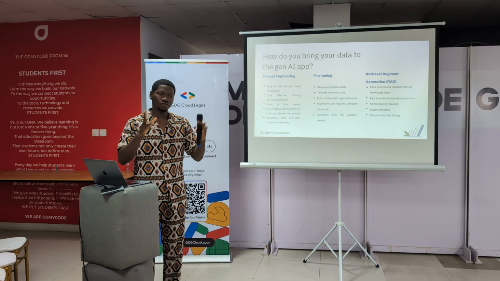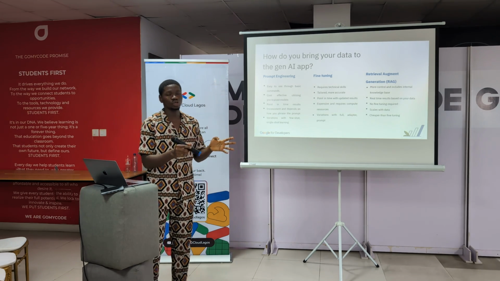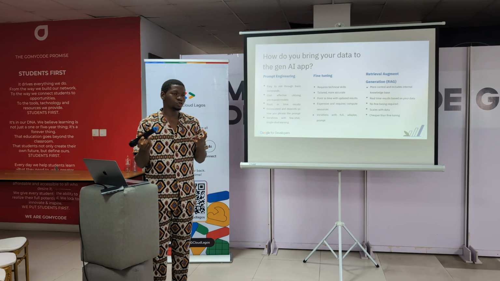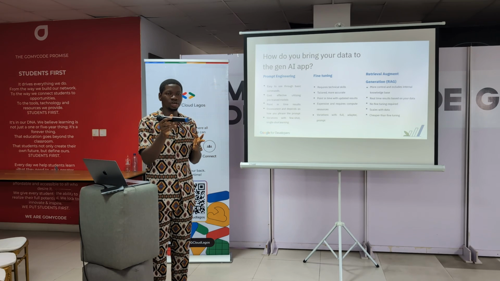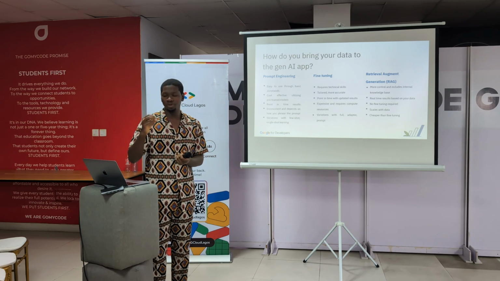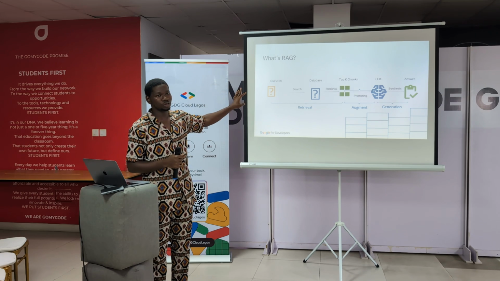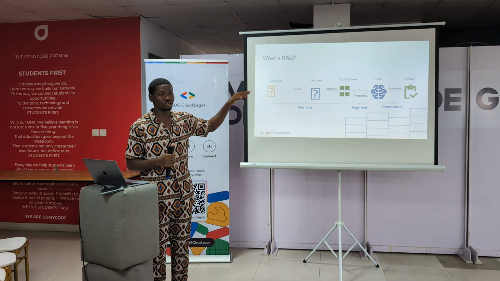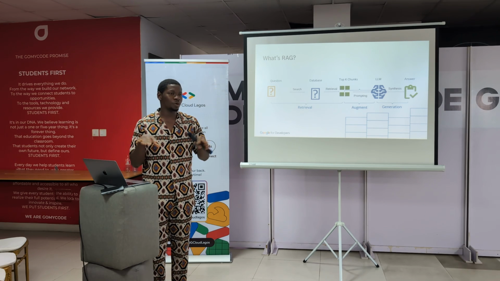have your database which contains the domain data, and you have your LLMs. When the prompt comes in, it goes to the database. Let me use this to explain it. Let's say you have a question. When the question comes in, it goes to the database, and the database is built in a way that it has vector embeddings.